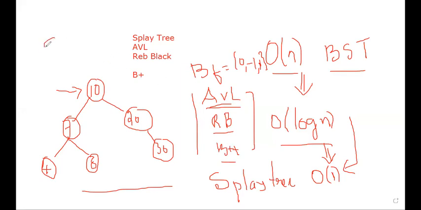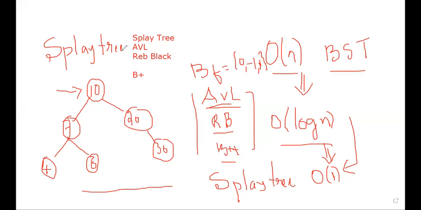But in the case of the splay tree, it doesn't impose any explicit restrictions on the binary search tree. The splay tree is a self-adjusting binary search tree, which does not put explicit conditions for balancing the height of the tree.